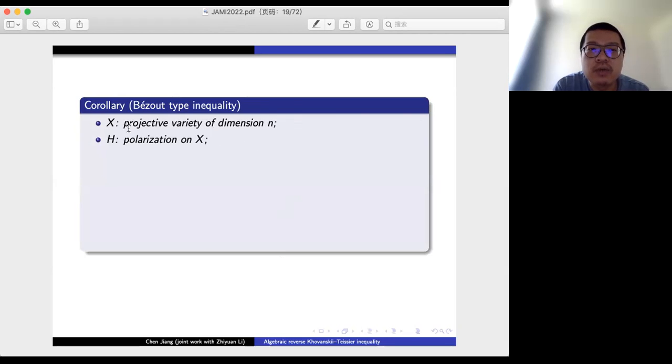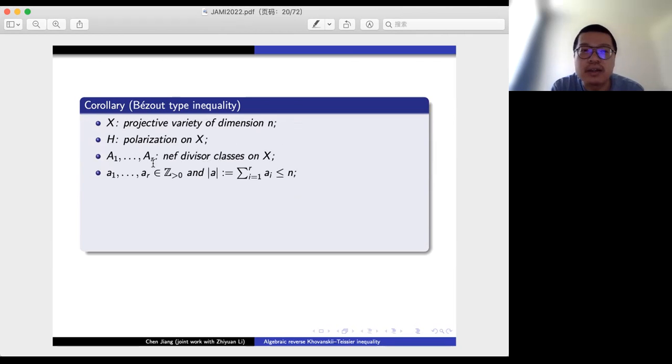Say we have a projective variety X, and we fix an ample line bundle as a polarization, and we consider some nef divisor classes on X, and we associate some positive integers whose sum is at most the dimension.